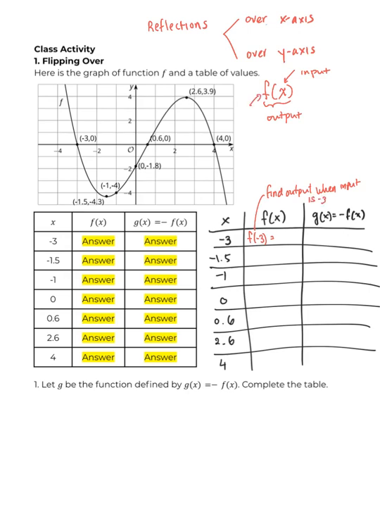The f just represents the name of the function. So there's a function named f, this one, and we want to find the outputs given the inputs. If you look at the graph, the outputs were 0, -4.3, -4, -1.8, 0, 3.9, and 0 again. I'm just going to copy that onto my table.